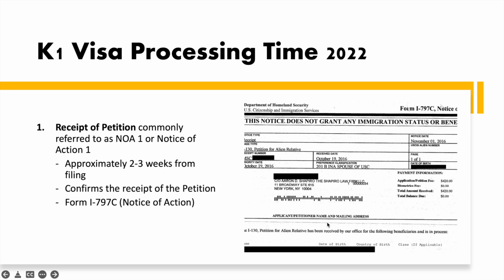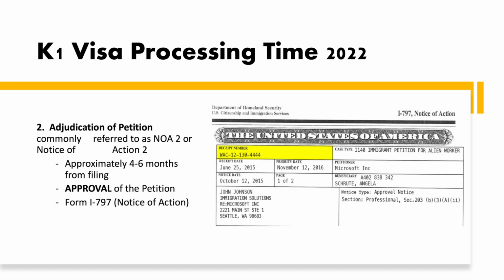After receiving NOA1, or the receipt of the petition, it now proceeds to the next process, which is adjudication of petition. At this point in the process, USCIS does not conduct an interview. The purpose of I-129F is to establish a qualifying relationship between the U.S. citizen and the beneficiary.